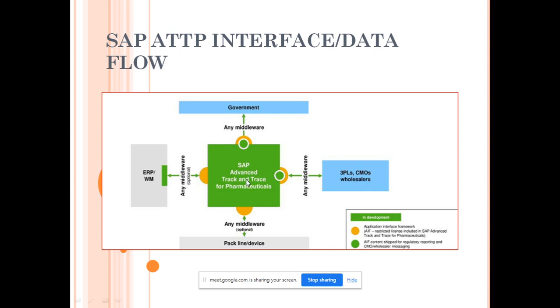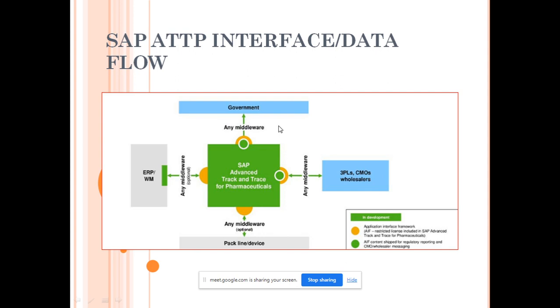Again, we have CMOs (contract manufacturing organizations), third party logistics providers, wholesalers, and government authorities as well, the L5 systems. These systems are also integrated or connected through a middleware.